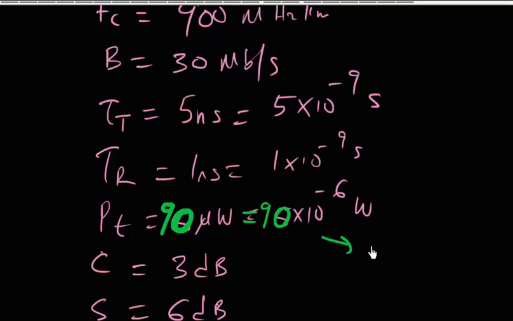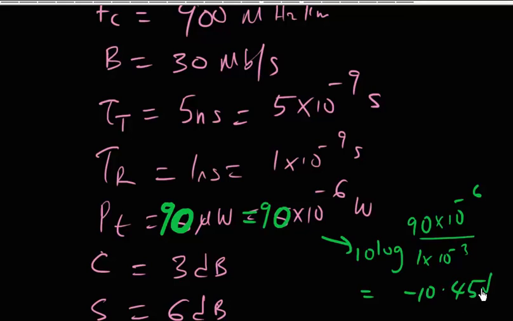So we take this to dBm, right? Yes. So that will be 10 log 90 times 10 to the power minus 6 divided by 1 times 10 to the power minus 3. What did you get there? Minus 10.45 dBm.